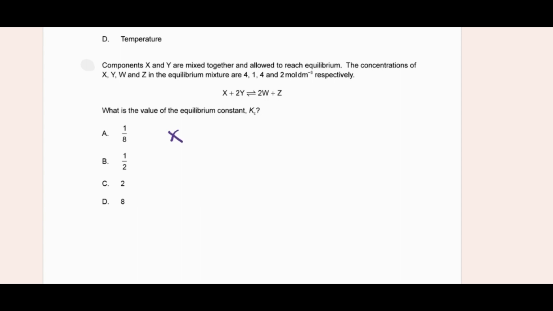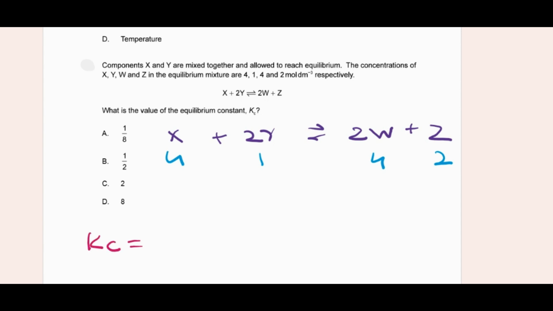Well, if I just write it out again, so X is 4, Y is 1, W is 4, and Z is 2. Kc will be products over reactants.